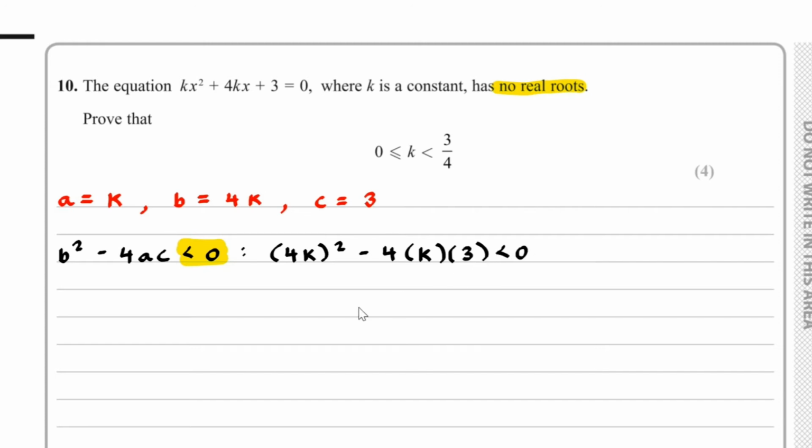This is less than 0. 16k squared minus 12k is less than 0. If I factorise out 4k, we've got 4k lots of 4k minus 3 being less than 0.